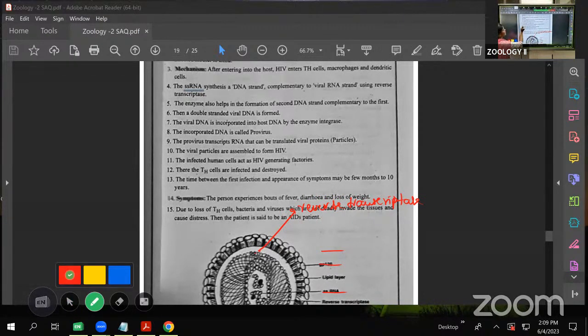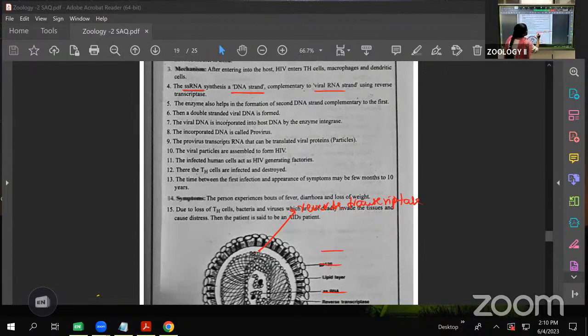When the virus enters our body, the ssRNA synthesizes a single strand of DNA complementary to the viral RNA. Inside the human body, one DNA strand complementary to the virus RNA is formed.